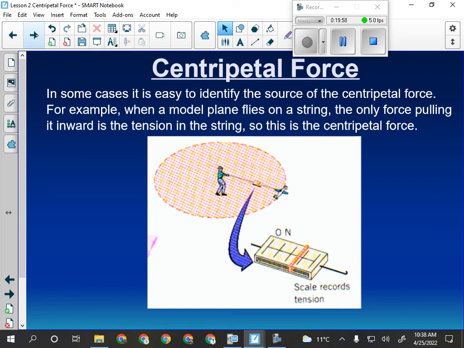With a banked curve, we actually rely on the normal force. We push on the corner, the corner pushes back, and part of that is directed back towards the center of the circle. That's how a banked curve works, and we'll look at that in a little bit. So one of the challenges in this unit is going to be to identify the centripetal force in a given problem. What's acting as our centripetal force?